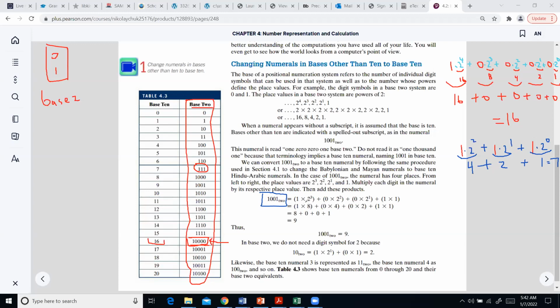It's 1 multiplied by various powers of 2, such as 2 to the third, and next is 2 squared, and next is to the power of 1, and finally 0 power of 2, which is ones. So we take all those digits, and that'd be 1, 0, 0, 1. So first is 1, then we have 0, then another 0, and then 1, and they are all multiplied by powers of 2.